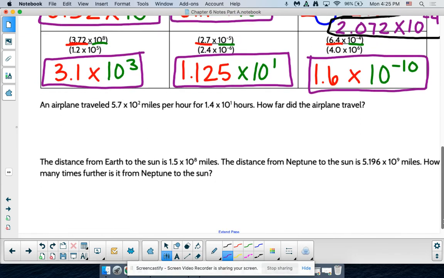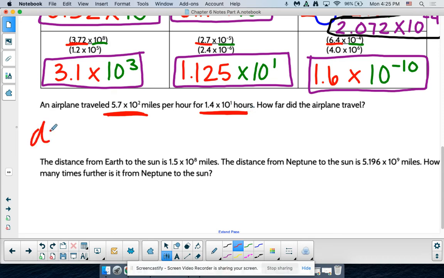All right, and then just a few word problems to round out our lesson here. It says an airplane traveled 5.7 times 10 to the 2 miles per hour for 1.4 times 10 to the 1 hours. How far did the airplane travel? So remember, for distance, you're taking your rate times time. How fast are you going for how long? So this is how fast our plane's traveling for this amount of time.